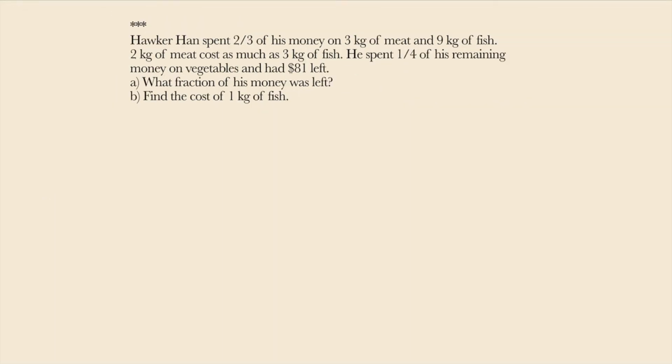Hawker Han spent 2/3 of his money on 3 kg of meat and 9 kg of fish. Goodness me, there are two different unknowns over here. Oh well, it's going to be a head scratcher, this one. 2 kg of meat costs as much as 3 kg of fish. Oh, okay, that's slightly more useful. And this is where it looks like a branch method. 1/4 of the remainder on vegetables and 81 left.